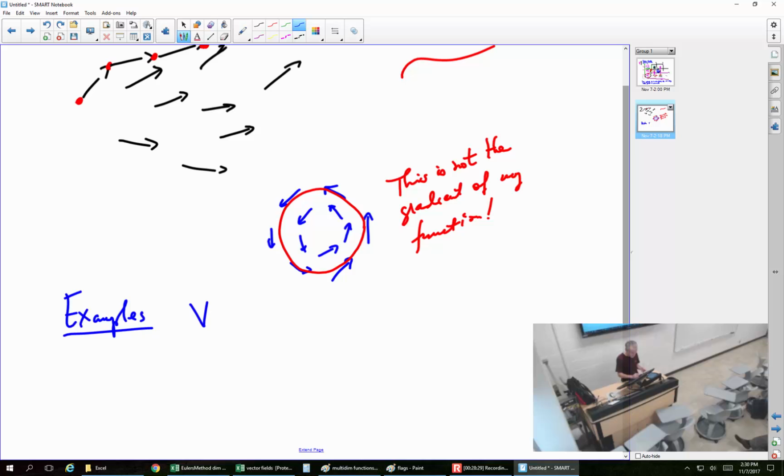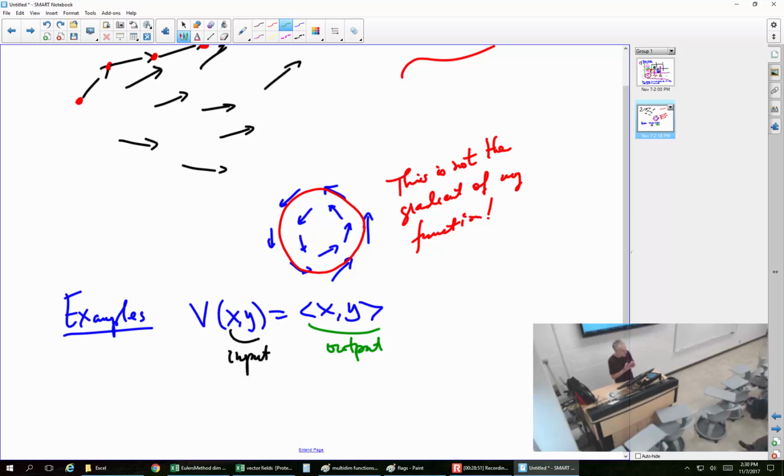So for example, let V(x,y) be equal to, how about, (x, y)? That's a vector field. So once again, input and output are both two-dimensional. The only thing that is especially appropriate if you want to think in terms of vector fields rather than any other interpretation is this.